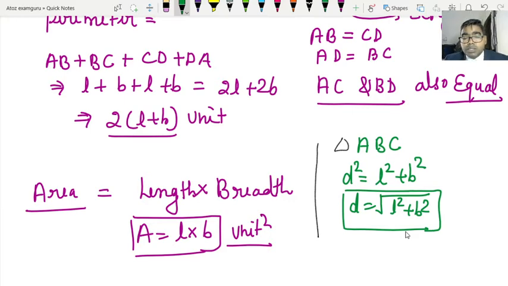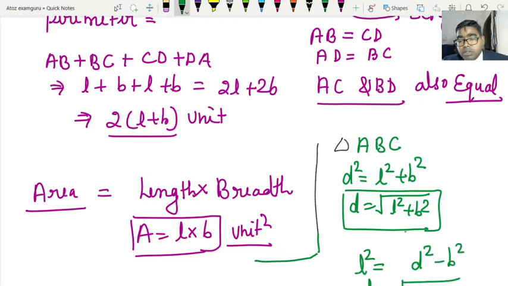Sometimes if it is not given, you can calculate it. You can also express it in other terms, like L square equals D square minus B square, or L equals under root of D square minus B square.